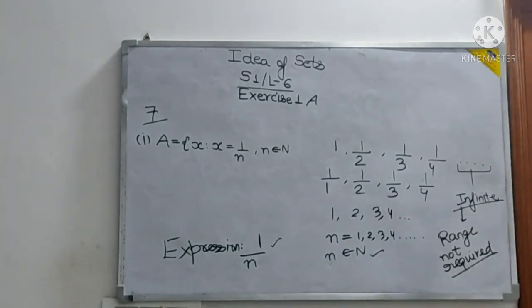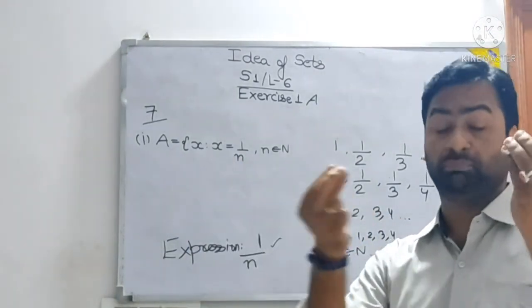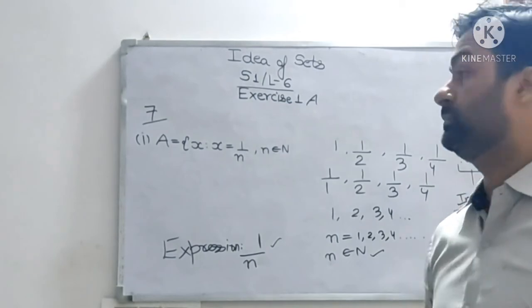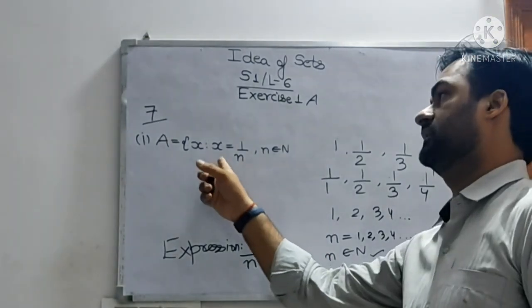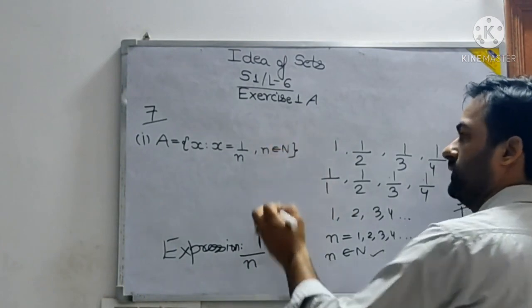Something more required? No. In the answer there they have taken R, you can take N, you can take P also, you can take Q also, not a problem. But you have to write something like this: x is equal to 1 by n, n is an element of N.